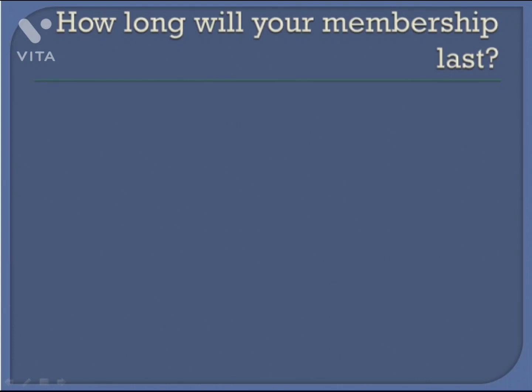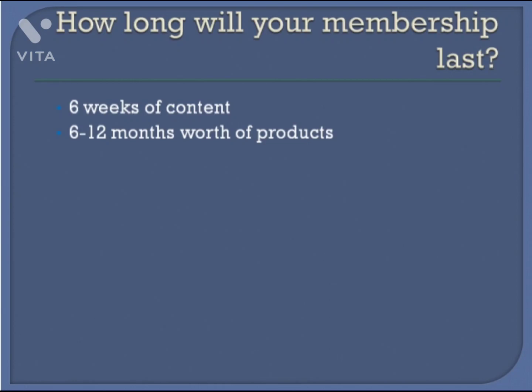Now, what you can do initially is gather all the content and see how much content you have and what kind of content you might need to add. That will tell you how long your membership site will realistically last. You could have 6 weeks of content. You could have 6 to 12 months worth of products. It really depends on your audience and who is buying your products.